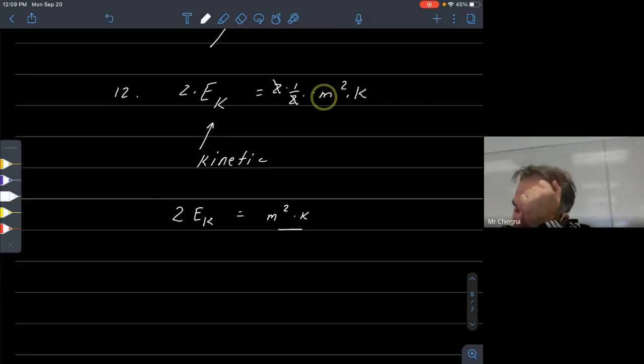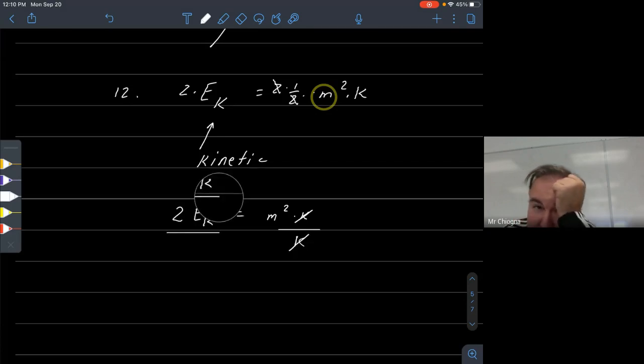Do the opposite to remove it. Divide it out. It cancels out here. Whatever you do on the right, do on the left. Draw the line underneath both factors, the 2 and the E.